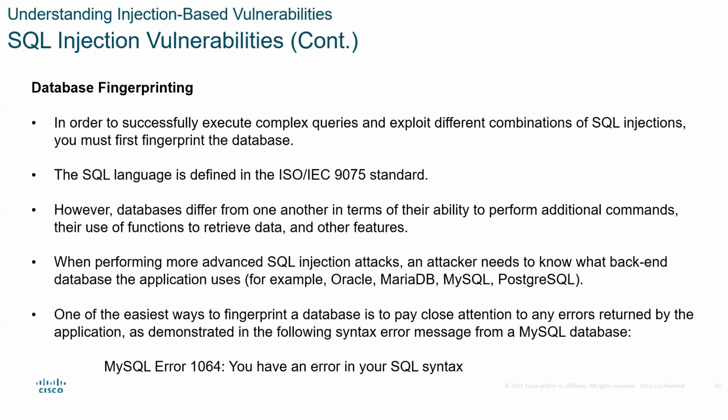Now, database fingerprinting. What exactly is database fingerprinting? Typically when you fingerprint physically, it simply has to check with a storage somewhere and verify whether that fingerprint that you've added is considered valid. With weaknesses, in order to successfully execute complex queries and exploit this, we need to look at what this is.